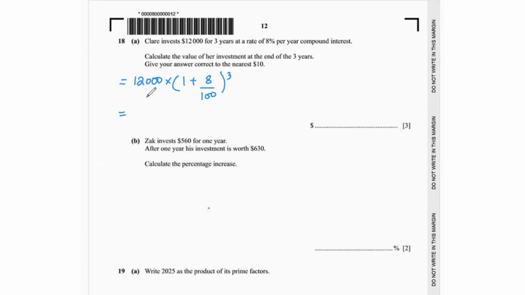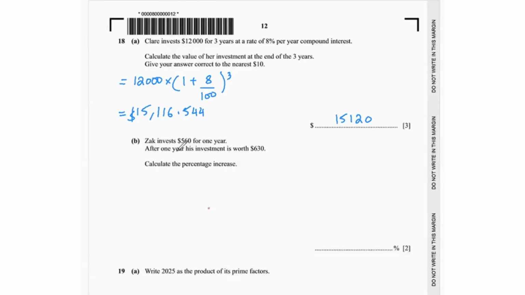So that's 1 plus 0.08 to the power of 3 times 12,000, which is equal to 15,116.544. Give your answer correct to the nearest $10. The nearest $10 is going to be 15,120. That's your answer correct to the nearest $10.